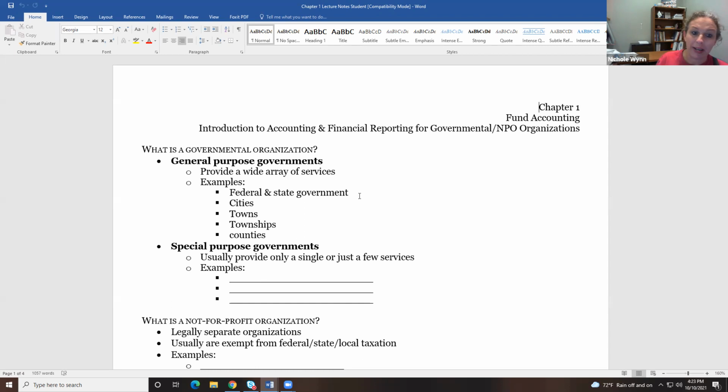As far as what is a governmental organization, that's where your chapter starts. There are general purpose governments and then special purpose governments. We're also going to talk about nonprofits as a separate category to governmental accounting. General purpose governments provide support to whole groups of people, whereas special purpose governments are just for a single group of people, but not the entire society.